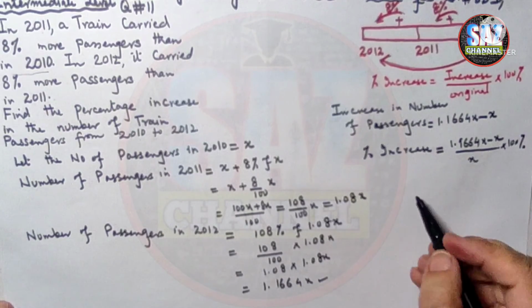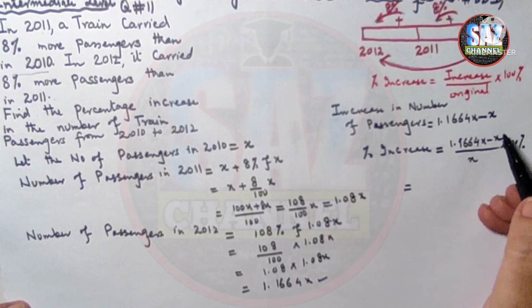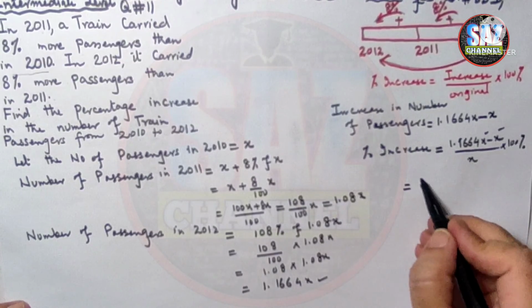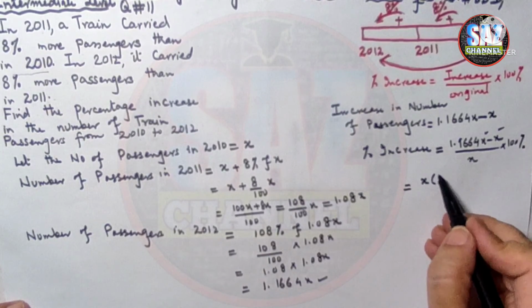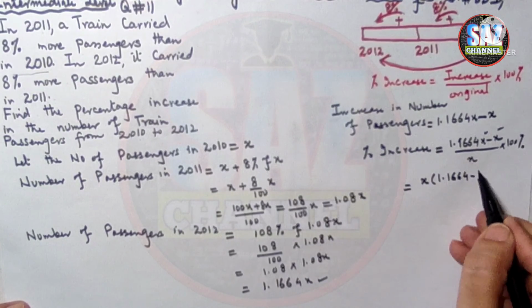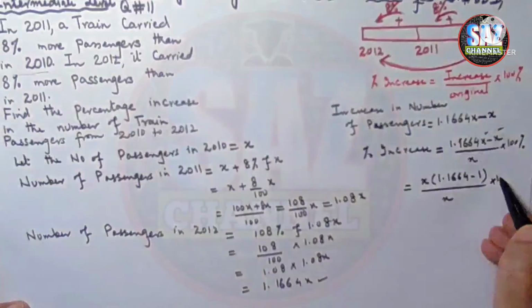Let me move a little towards this side. Now look students, here I have x in both parts, so I can pull it out as a common factor: 1.1664 minus 1 upon 1, multiplied by 100%.